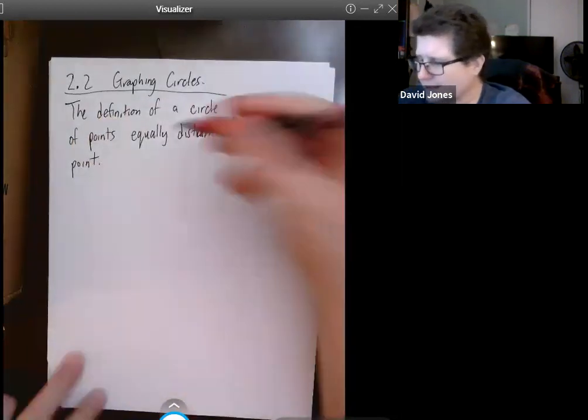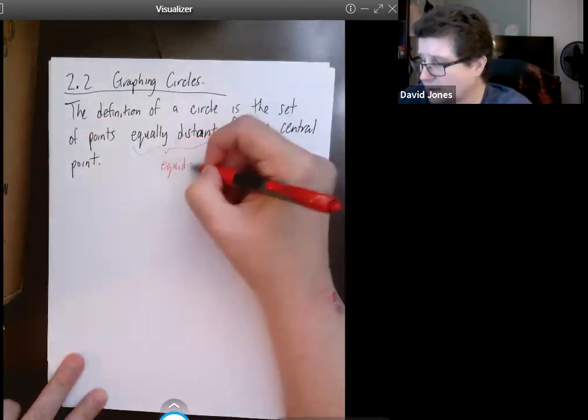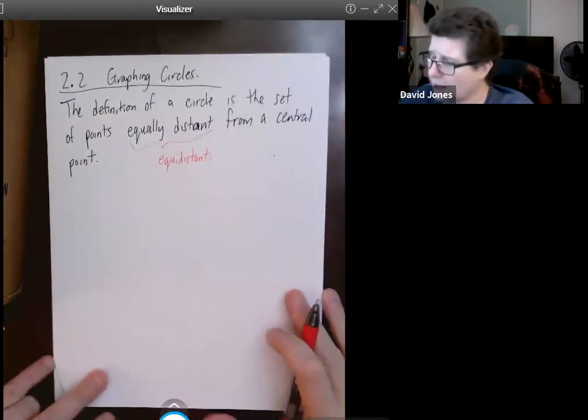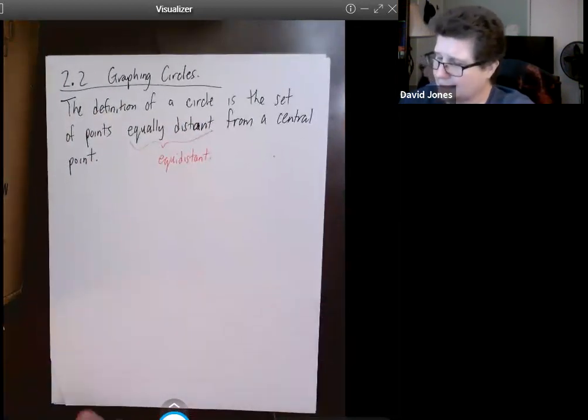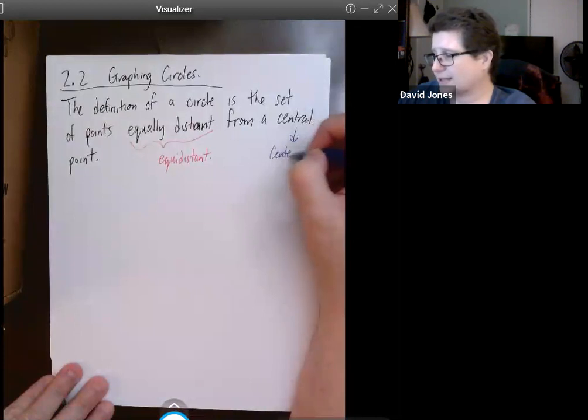That central point is the center of the circle.